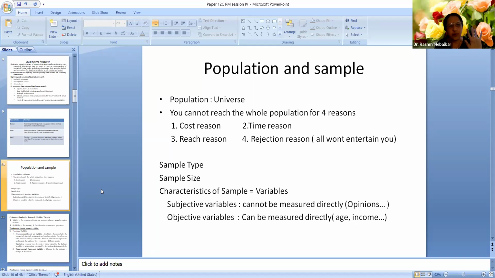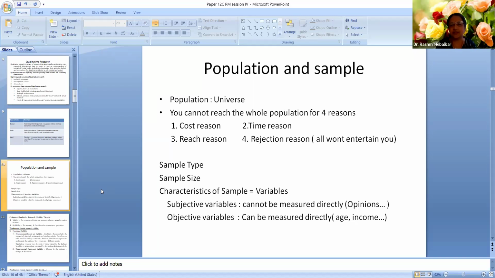So I may say, okay, all Pune students studying research methodology, let me take as universe and forget it. Population will be all students who have studied research methodology from ISTD. Time frame 10 years.